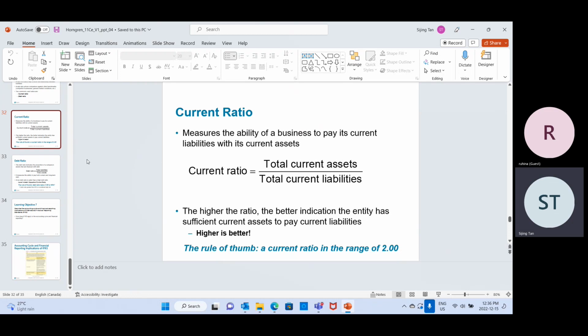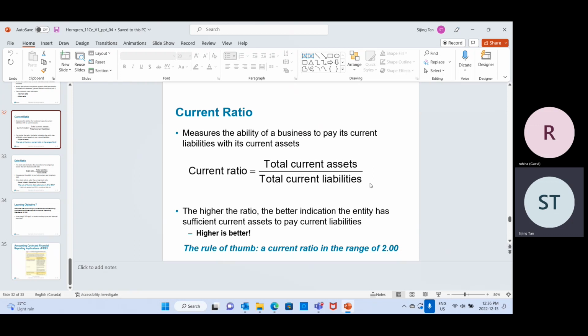The higher, the better. The current ratio measures current assets against current liabilities to help financial statement users assess the company's ability to pay current liabilities with their current assets. So that's simply to measure if the company has enough current assets to pay off their debts. So the higher the current ratio, the better.